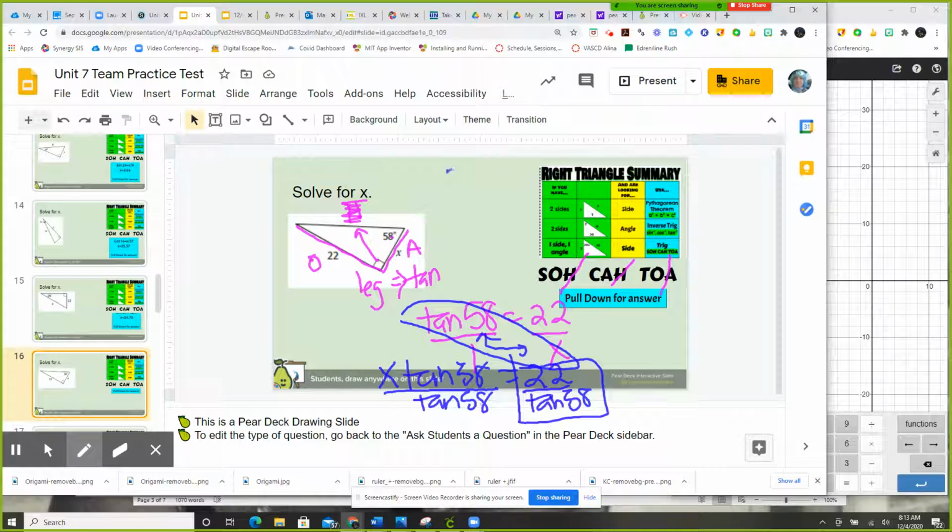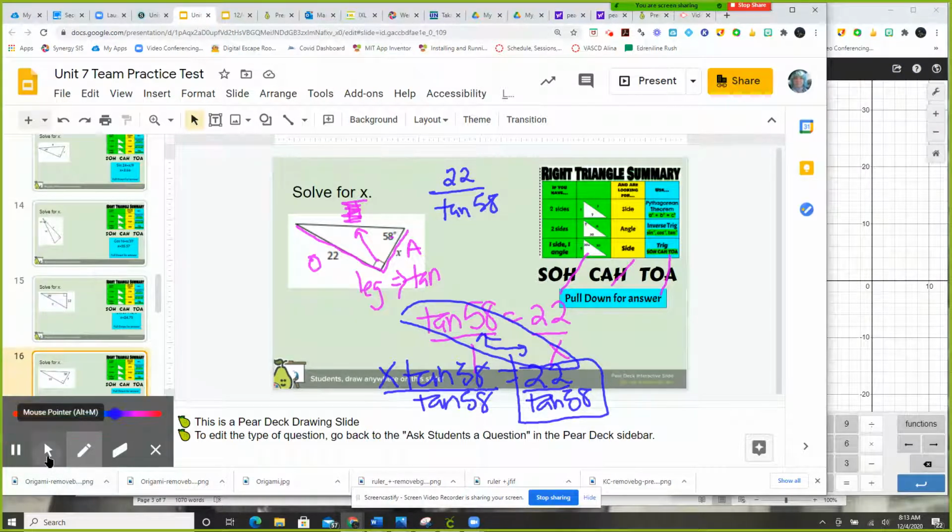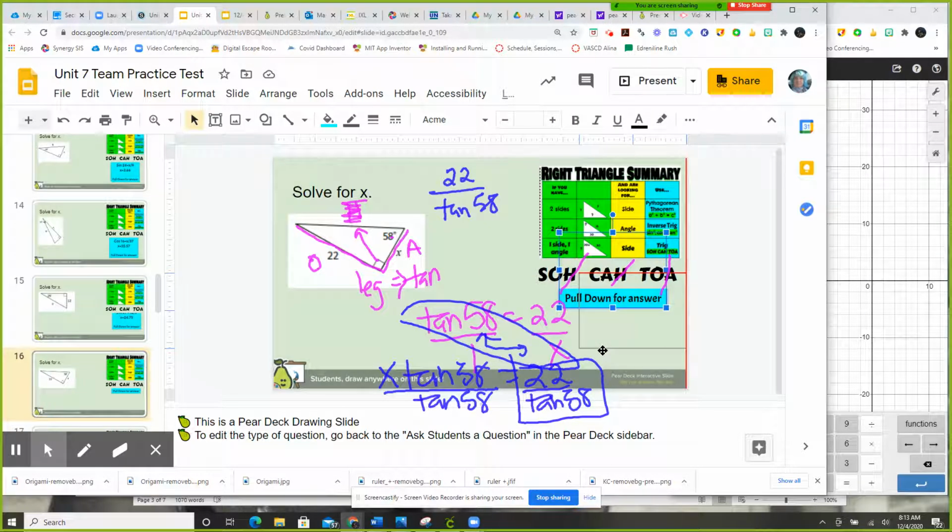So in my calculator, we're going to do 22 divided by tangent of 58. And when you do that, hopefully you get 13.75. Can somebody double check that for me in the calculator and make sure I did that right? 22 divided by tangent 58. Sweet.